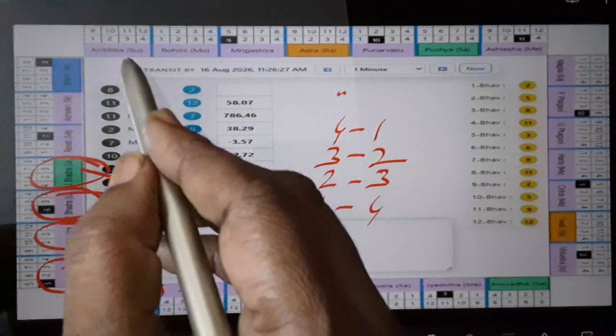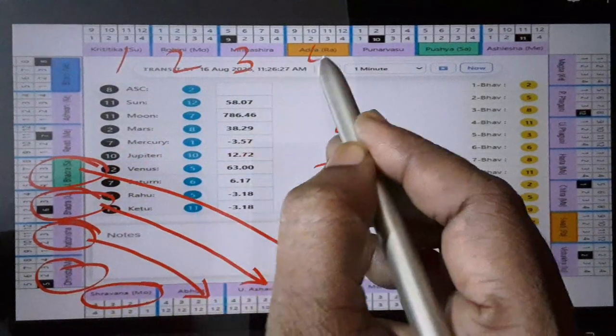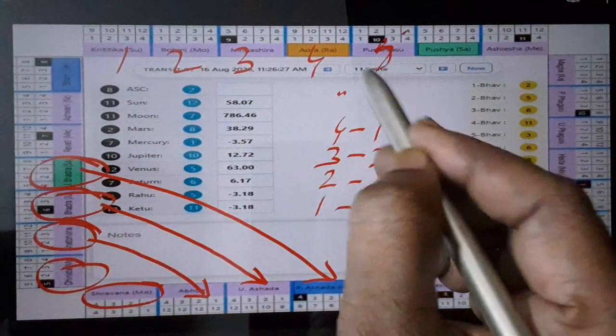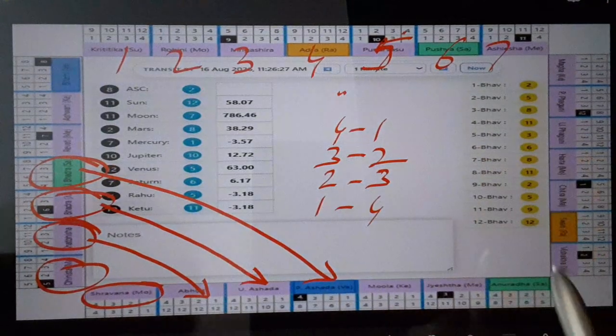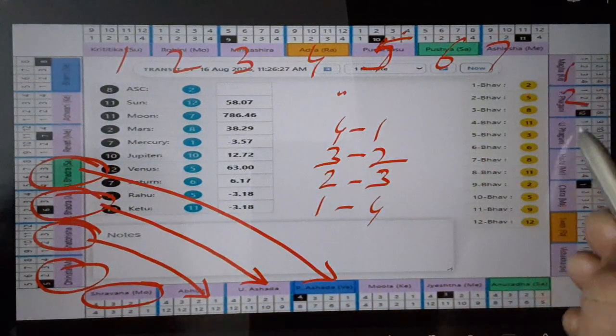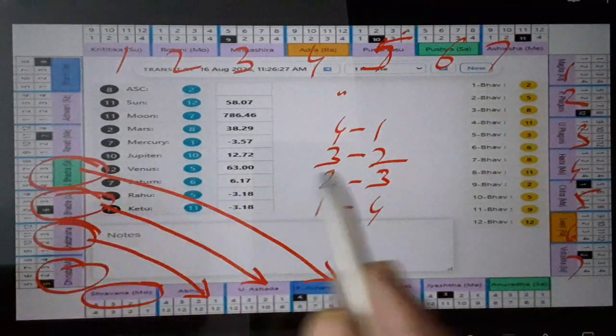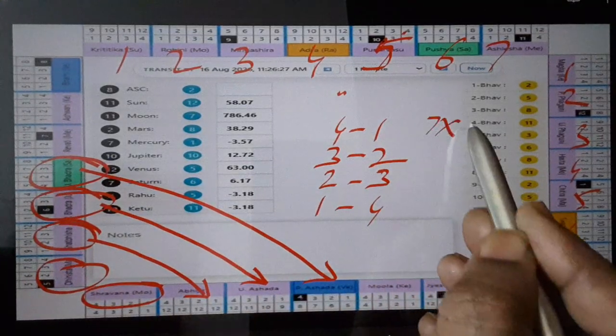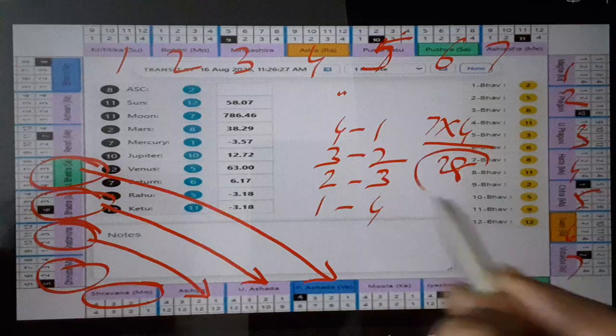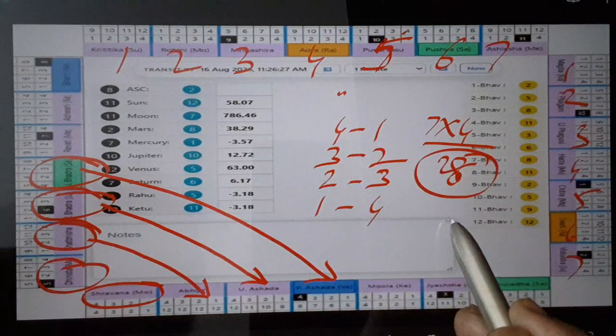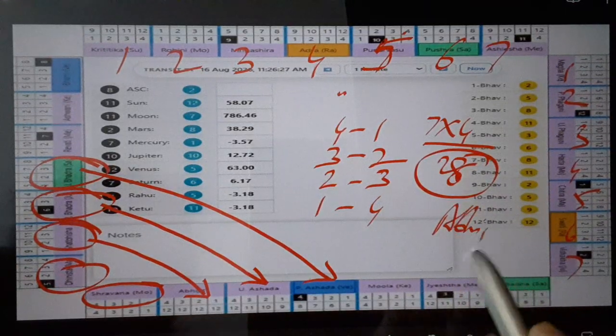Now there are seven stars here, 7 stars here, and 7 this side and the 7 this side. So all the 7 into 4 comes to 28 stars, and actually the 28th one is the Abhijit.